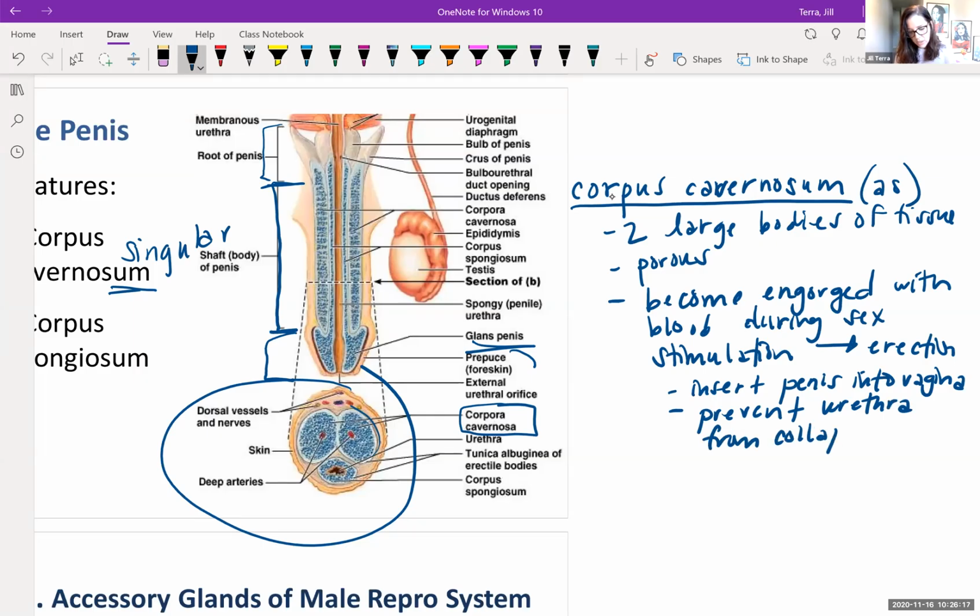Okay, during the erection, during sex, and then during the delivery of the ejaculate. We don't want the tube to collapse because then you can't transport the gametes to the female.